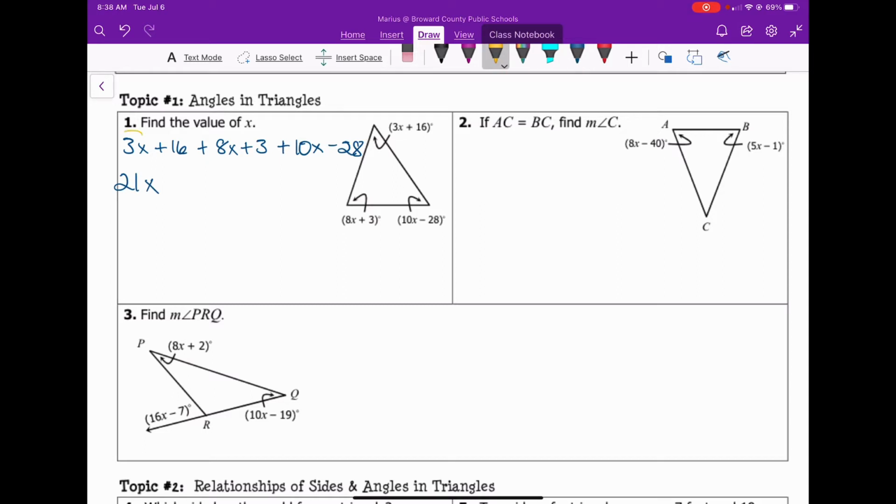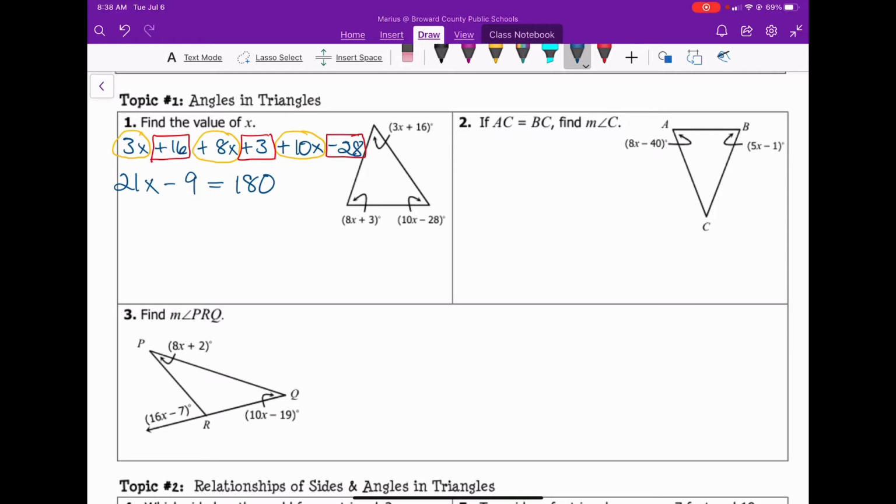Just in case you don't see that, these are the ones that I added up. And next, we're going to take a look at the positive 16, the positive 3, and the negative 28. When we combine all of those, that's going to make negative 9. And we're going to set all that equal to 180.